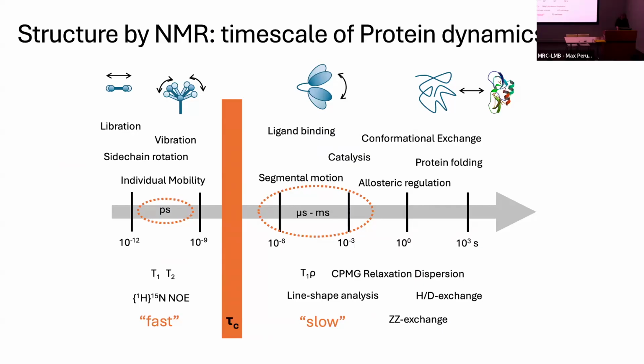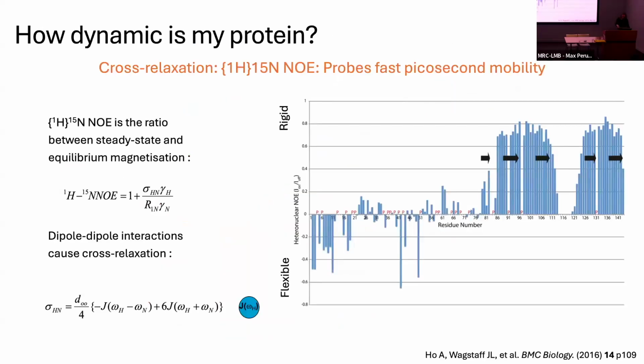So what's a quick experiment we can do to tell how dynamic my protein is? Here's a protein. It's got a disordered N-terminus and a structured C-terminus. This is an experiment called the heteronuclear NOE. We have information for each non-proline residue because this is an HSQC-based experiment, and we get a value in the heteronuclear NOE.